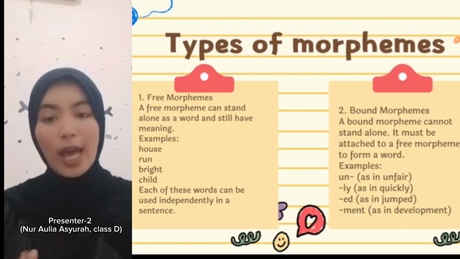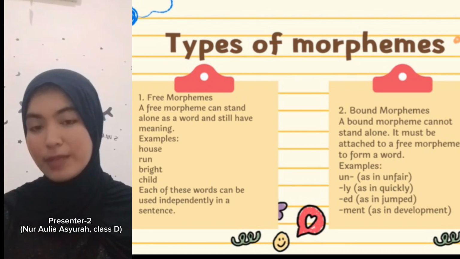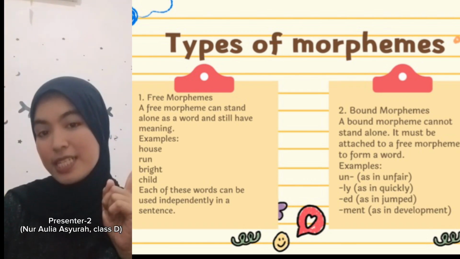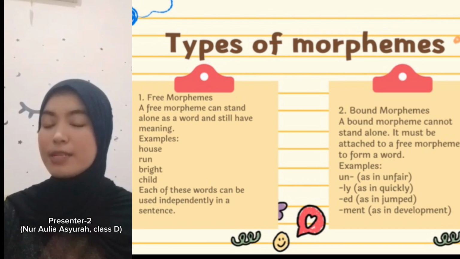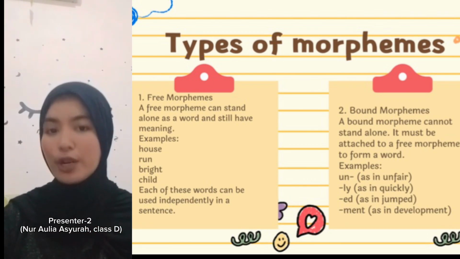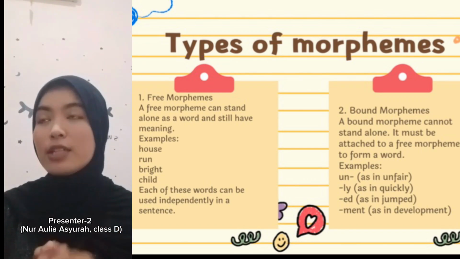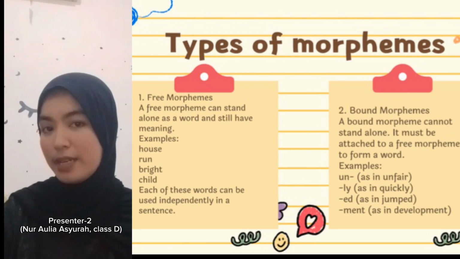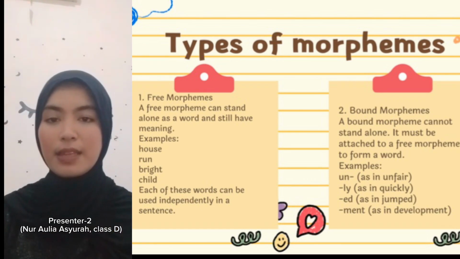Thank you. Okay, now I would like to explain about types of morphemes. First, let's talk about free morphemes. Free morphemes are the smallest units of meaning that can stand alone as independent words. This means they do not need to be attached to other morphemes to convey meaning. More specifically, free morphemes can be divided into two types.